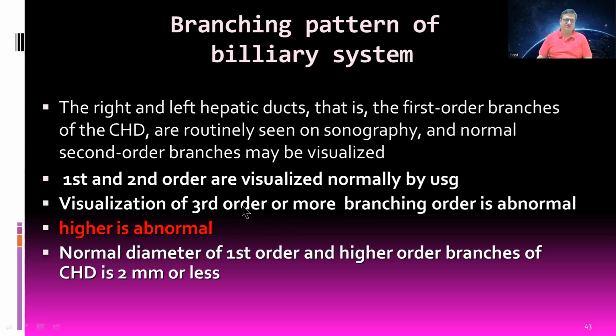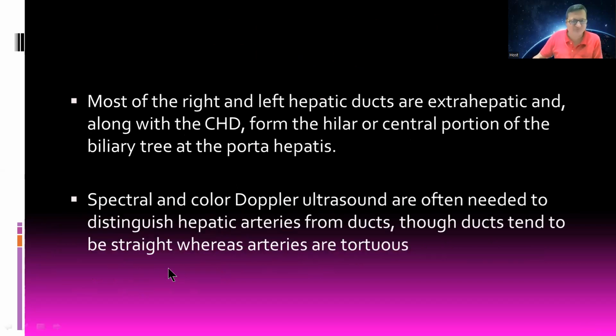So if you see higher order branching, you should search for an obstructive lesion. Normal diameter of first order and higher order branches of the common hepatic duct is 2 millimeters or less.